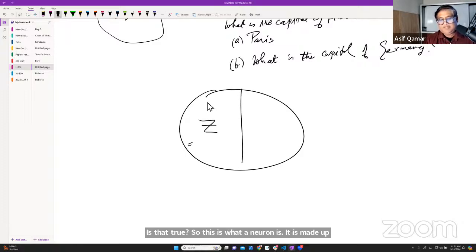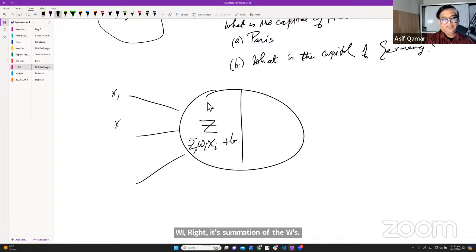Z is equal to W dot X, summation of Wi Xi plus B, right? It's the summation of the W's times X1, X2. Suppose in this case, it is X10. And then this B, the bias, is coming in from here.